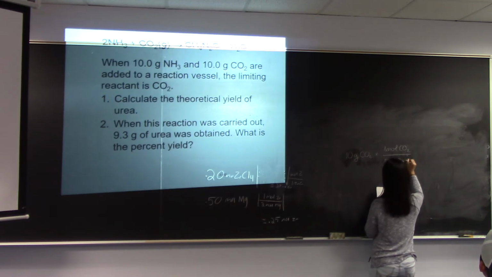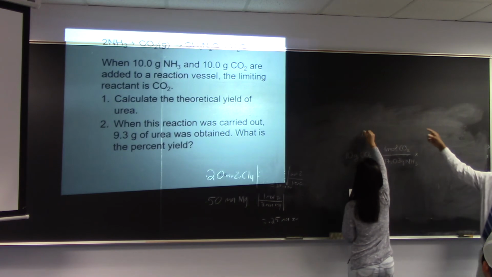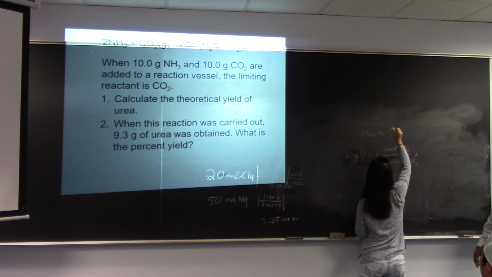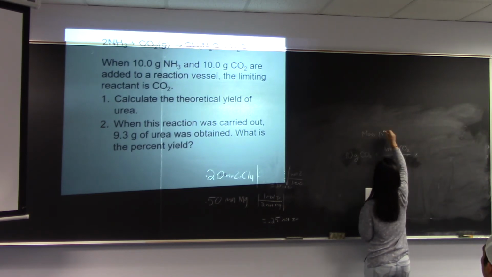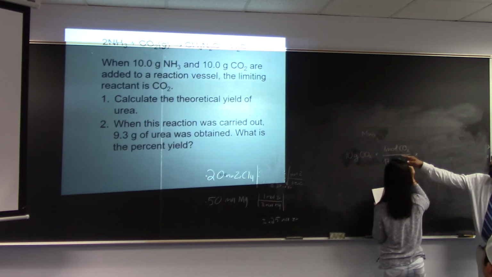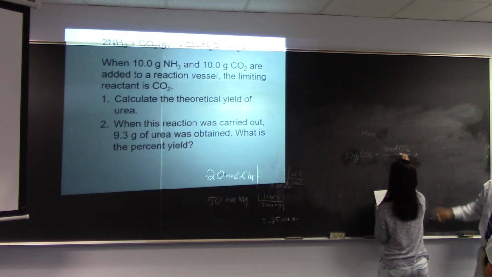Would you like to calculate the mass of urea first? 92.07, I believe. Does that sound right? The formula mass of urea. So if you want to make carbon dioxide cancel out, then write carbon dioxide in here.